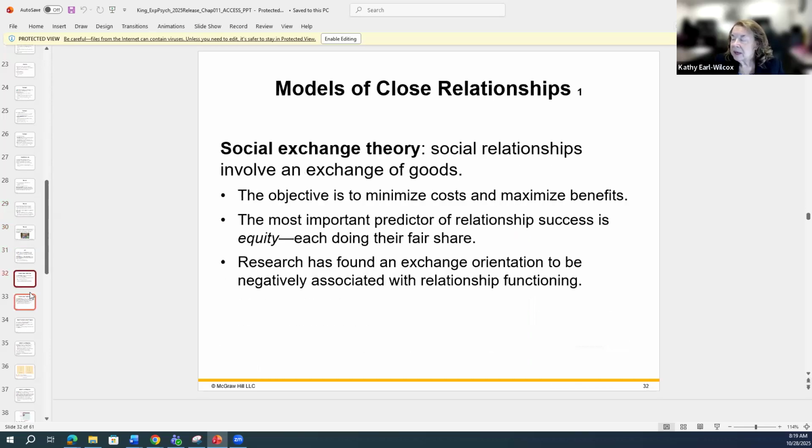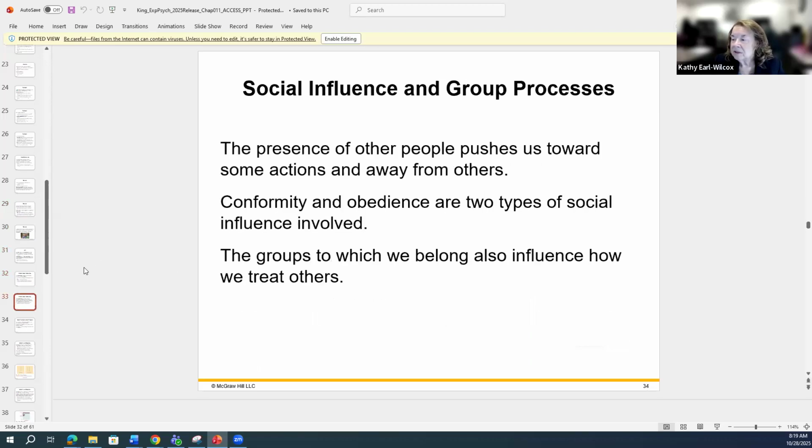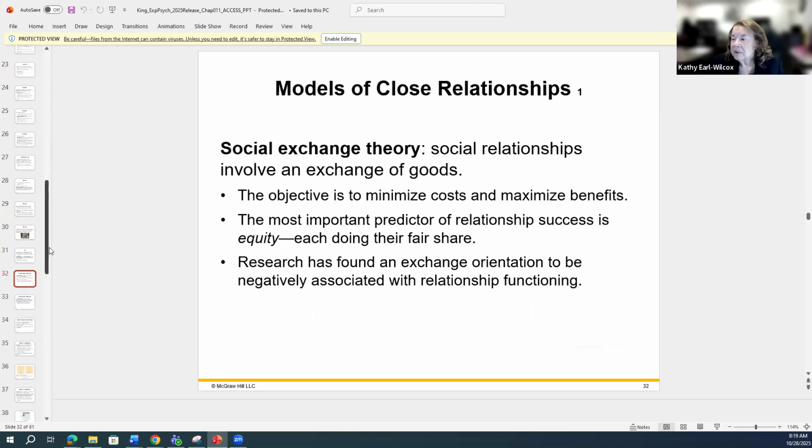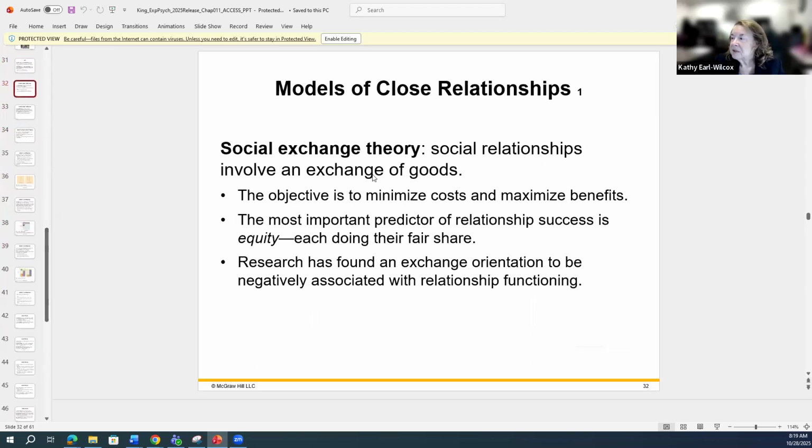So let me skip down. Models of close relationships is explored on slide 32. It explains the social exchange theory, that social relationships involve an exchange of goods, and not necessarily monetary goods. It could be a sharing of music, a sharing of commonalities, a sharing of just enjoying the company of somebody else.